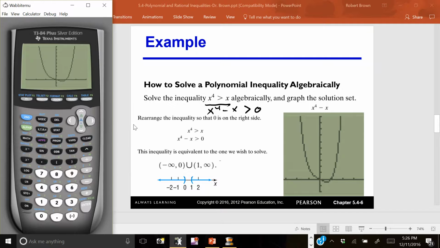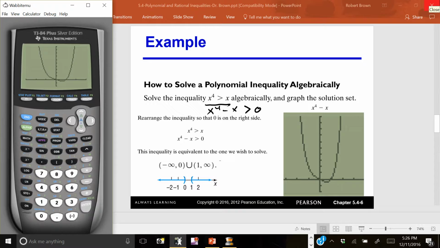And now you clearly see that this graph is more than 0 if x is between minus infinity and 0. And then, of course, it dips below the x-axis. And then when it gets to 1, from 1 to infinity, it is, again, more than 0.